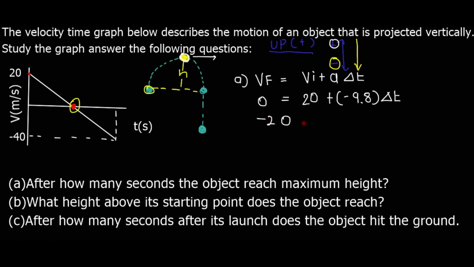Re tlo tšea 20 re tliša to the other side, and then from here re tlo divide both sides ka negative 9.8, and then re tlo kreya time ya 2.04 seconds, and then this is our answer for part A.